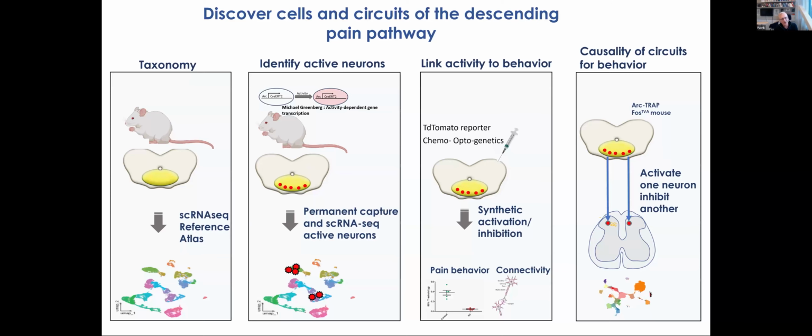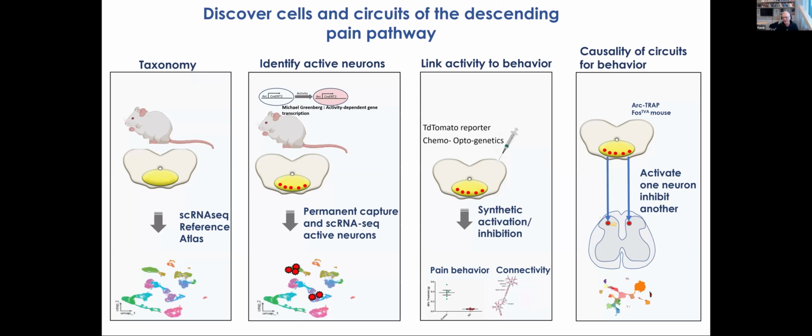So we had the idea, which is, I guess, not unique, that behavior is created by molecularly defined neuronal types. So our idea was to create a single cell RNA sequencing atlas of the rostral ventromedial medulla.